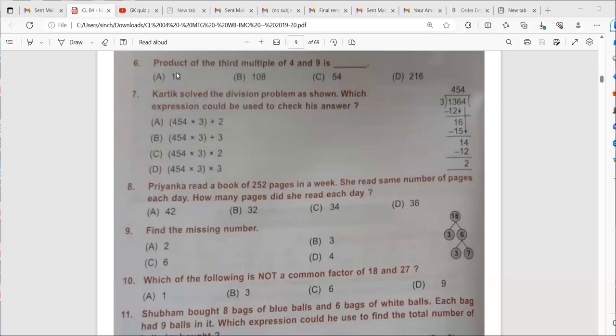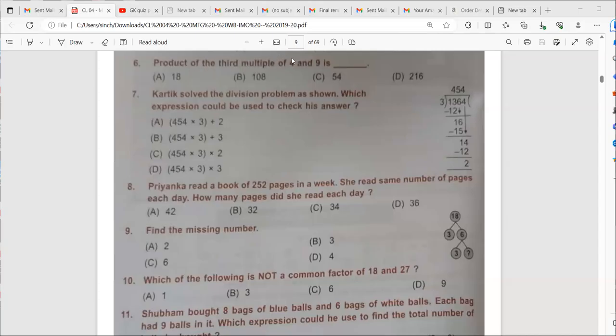Udit, can you read number 6 better? Udit, unmute yourself and read number 6.